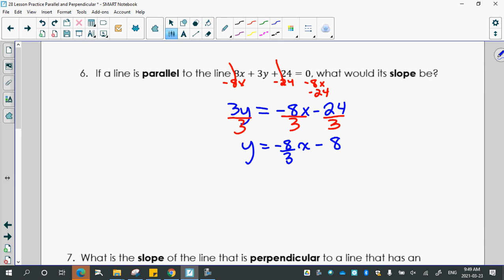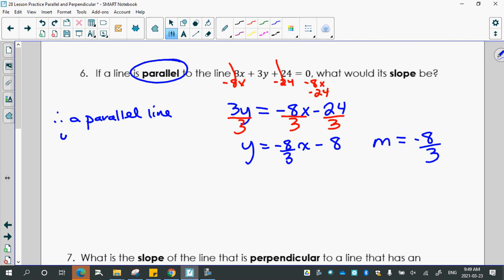Show that you know the slope. And then make your statement. Parallel means same slope. So therefore, a parallel line would have a slope of m equals negative 8 over 3. Okay?